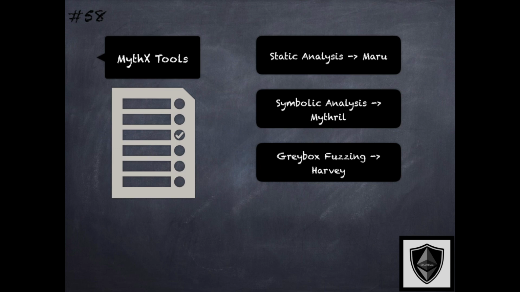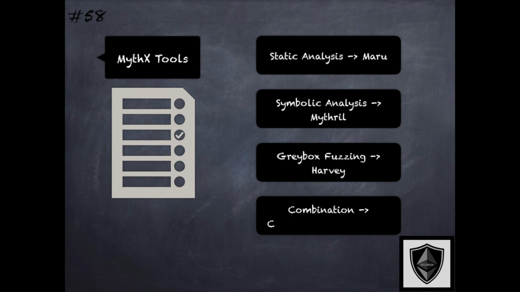Compared to traditional black box fuzzing, gray box fuzzing is guided by coverage information, which is made possible by using program instrumentation to trace the code coverage reached by each input during fuzzing. So these 3 tools are used in combination by the Mythics service to provide a comprehensive analysis of the vulnerabilities within the smart contract being analyzed.